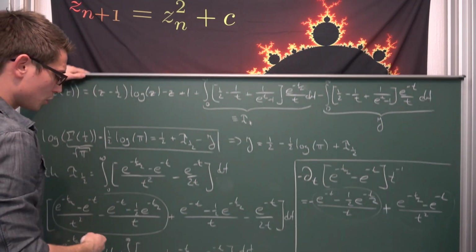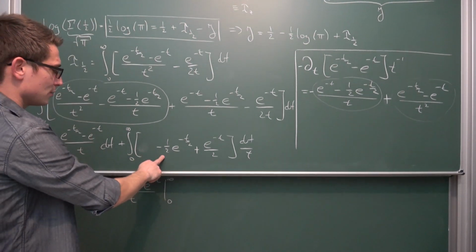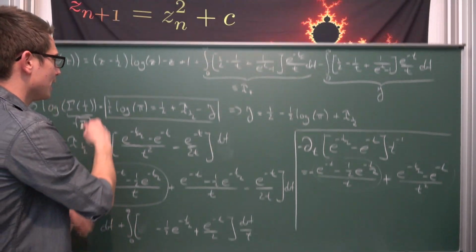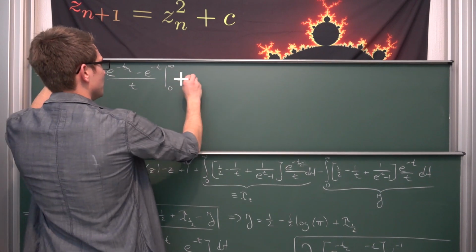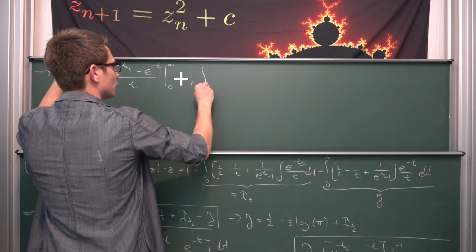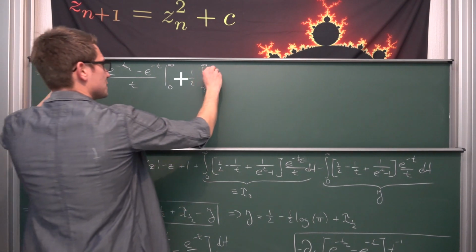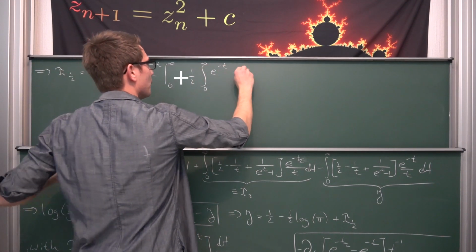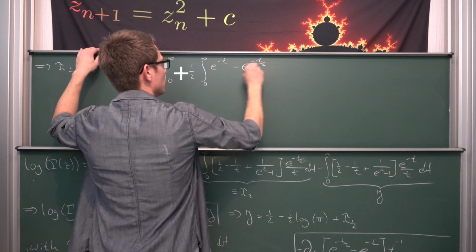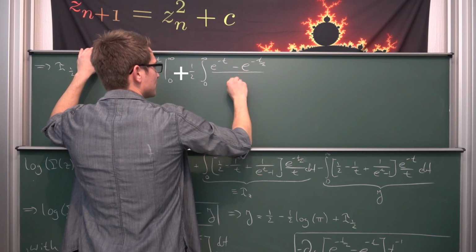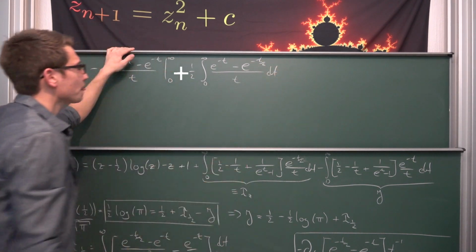And also, what we have here is bringing the negative sign to the front as well as the 1/2. Negative 1/2 times the integral from 0 to infinity of, and now what we are going to have is e to the negative t minus e to the negative t over 2 divided by t, integrated with respect to t.